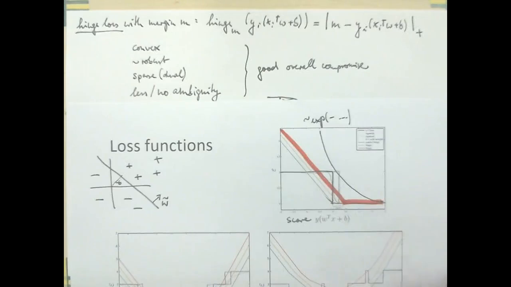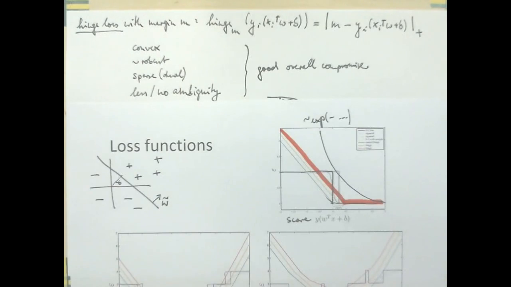And for these samples here, we already get a contribution to the empirical error, even though they lie on the correct side of the decision boundary. So you may want to think of this as a preemptive penalization. The classifier already complains if samples even get close to the decision boundary, even if they're still on the correct side.